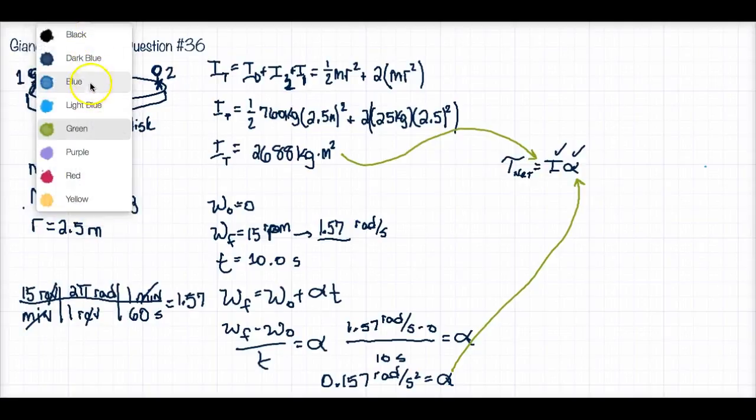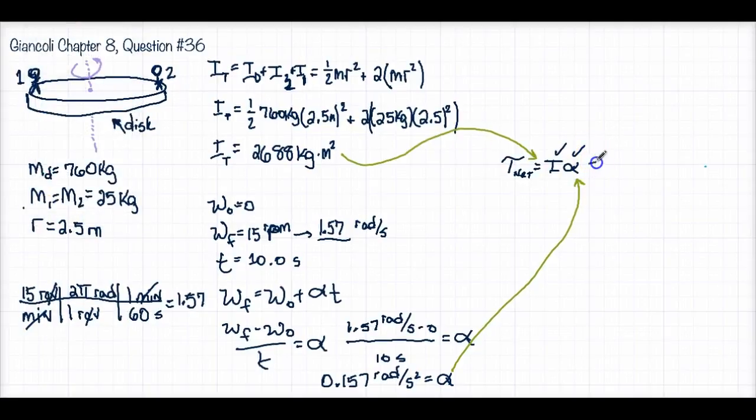I'll be ready to produce an answer of a net torque when I multiply those two by each other, and I'm getting 422 meter newtons. Dealing with sig figs, I'd call that 420. And that's the answer that I'm going to present.